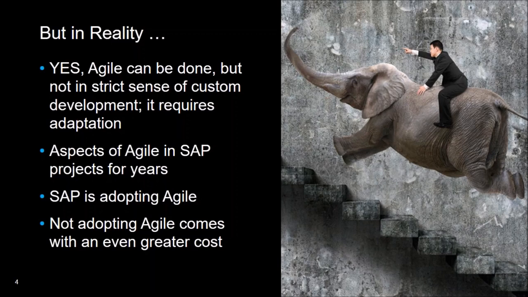Not adopting Agile has a cost. That cost can be that you may not be able to move as quickly in adopting SAP technologies and changes to the technologies as rapidly as they're coming out. SAP has very much increased the pace at which they're releasing functionality and applications. Organizations will need to keep up with that.